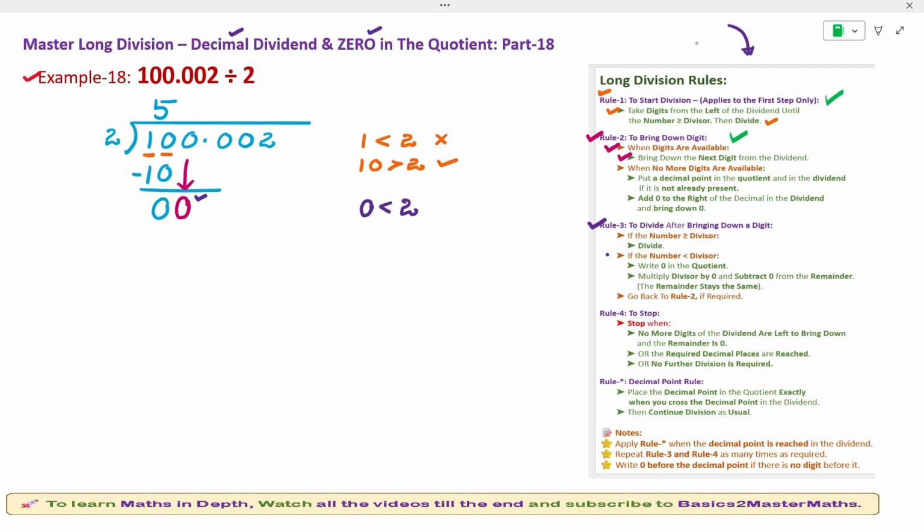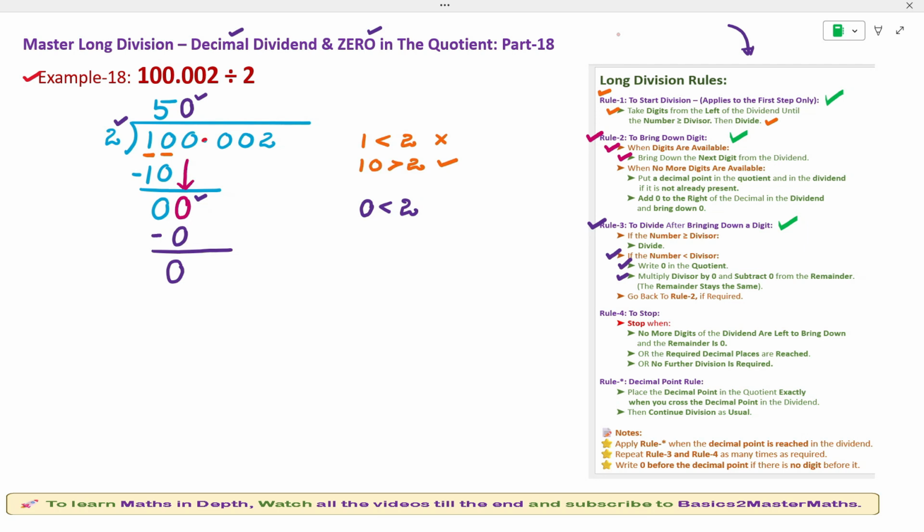So, as per rule 3, if the number is less than the divisor, write 0 in the quotient, then multiply divisor by 0 and subtract 0 from the remainder. 2 zeros are 0. So, you will get 0 as the remainder again. Now, rule 3 is complete.